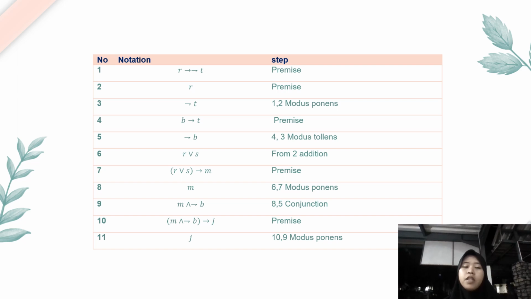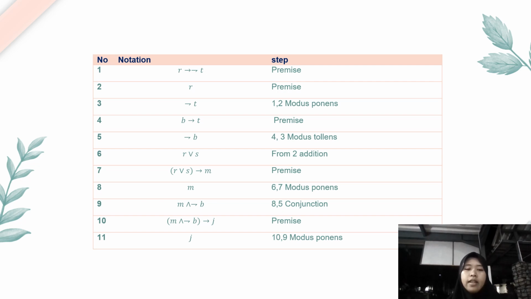Step 7 is R or S implies M, from the premise. In step 8 we get M from steps 6 and 7 by modus ponens. In step 9 we get M and negation B from 8 and 5 by conjunction.